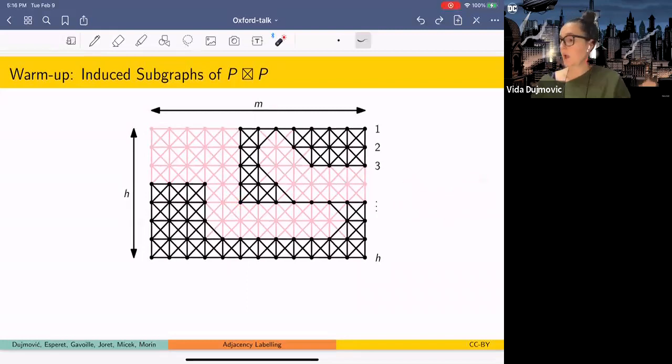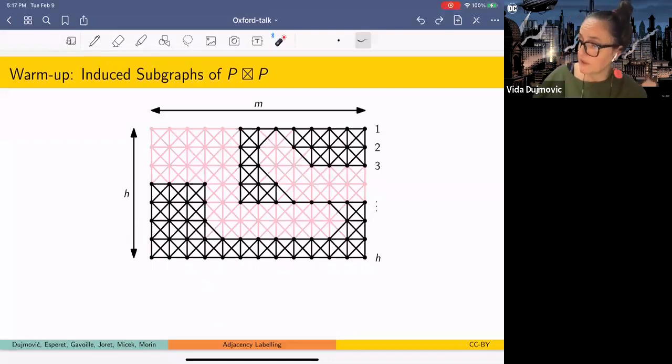Then, because this is an induced subgraph, all I have to check are two vertices in consecutive columns or in consecutive rows.